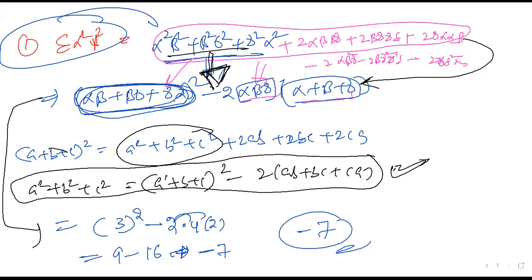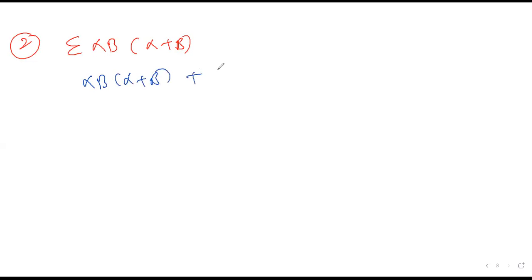Good. Now move to the next question. So simple. What is the question here? Sigma of alpha beta, alpha plus beta. I told you just now, I opened it. What I got here: alpha plus beta, next beta gamma plus gamma alpha, sorry, gamma plus alpha.